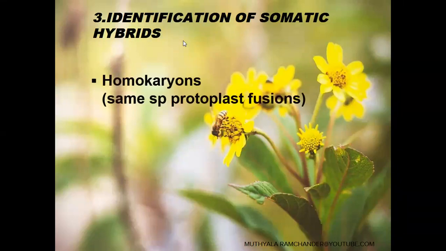After adding these chemicals, or using pipettes or fluorescence, we identify two types of somatic hybrids on the petri dish. One is homokaryons. Homokaryons we know already. Same species of protoplast fused, or same parental plant protoplasts fused, are called homokaryons.